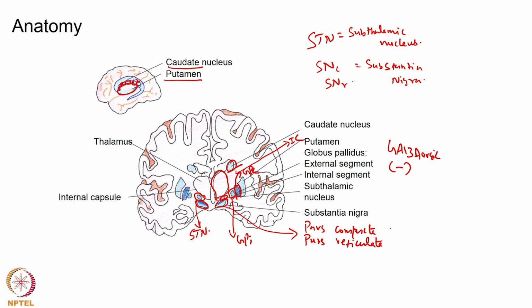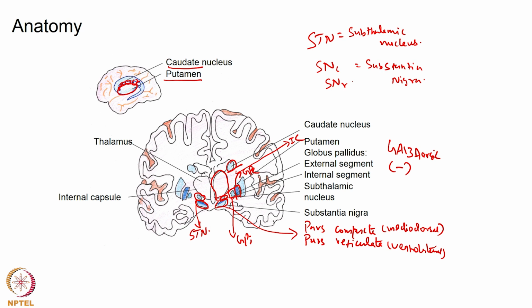The ventrolateral part of the substantia nigra is called pars reticulata. The mediodorsal part is called pars compacta. They perform fundamentally different functions.